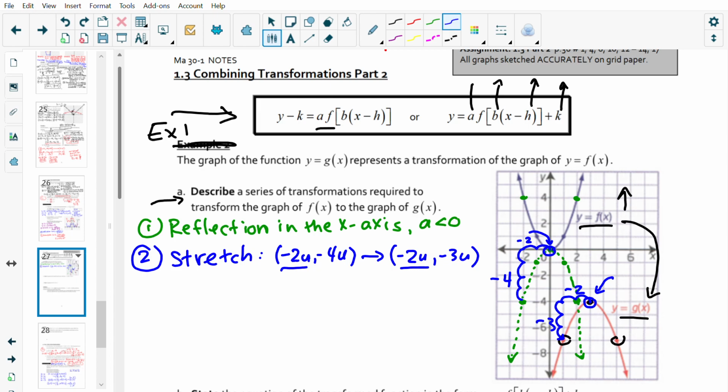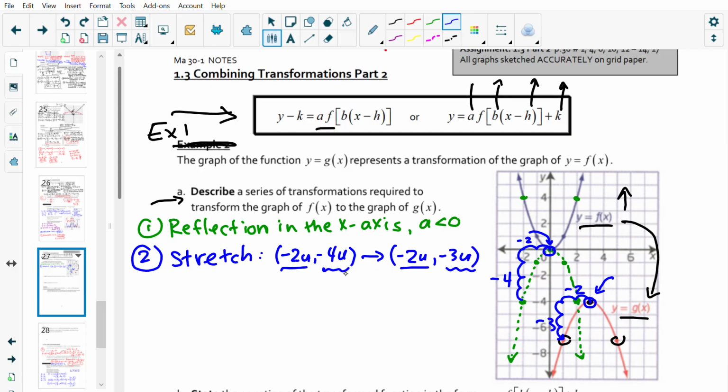-2 units and -2 units is the same. Remember when the x value doesn't change, but the y value changes, what kind of stretch is that? That is a vertical stretch, folks. Okay? Because the y value is changing.